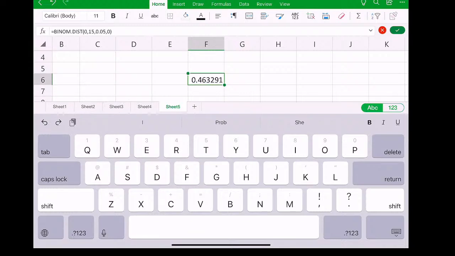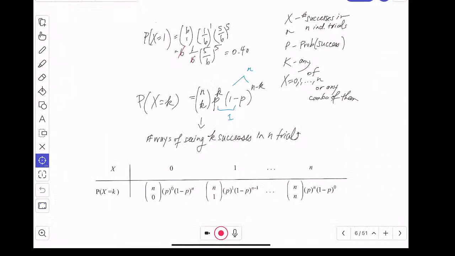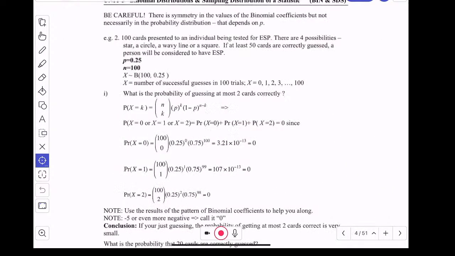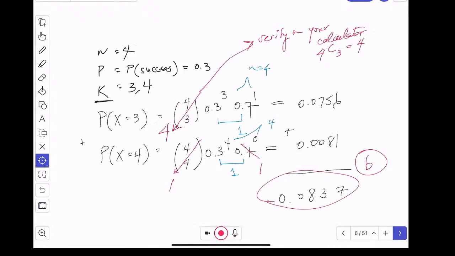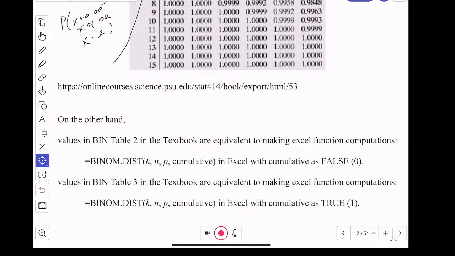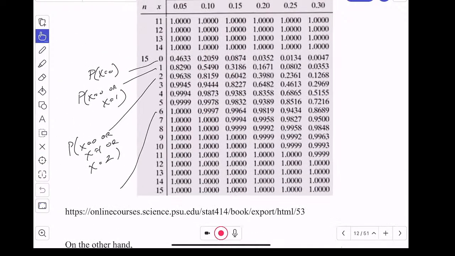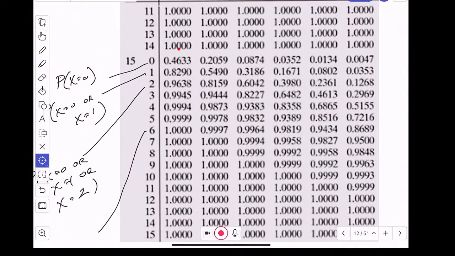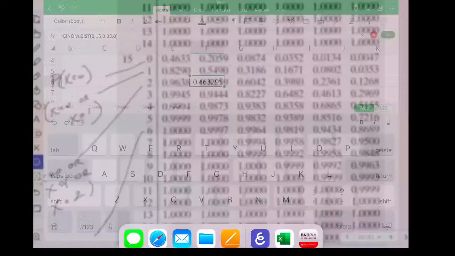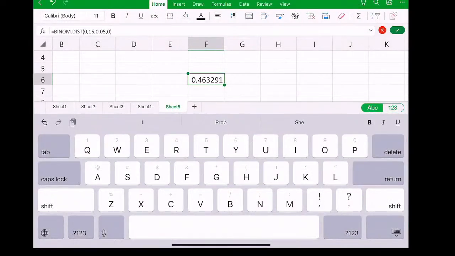Let's see if that's true, 0.4632. If I go back to the notes where we had that table, where's that table? You see? This is the one I calculated. 0.4633 they got here, and I got 0.4633 as well if I round it.